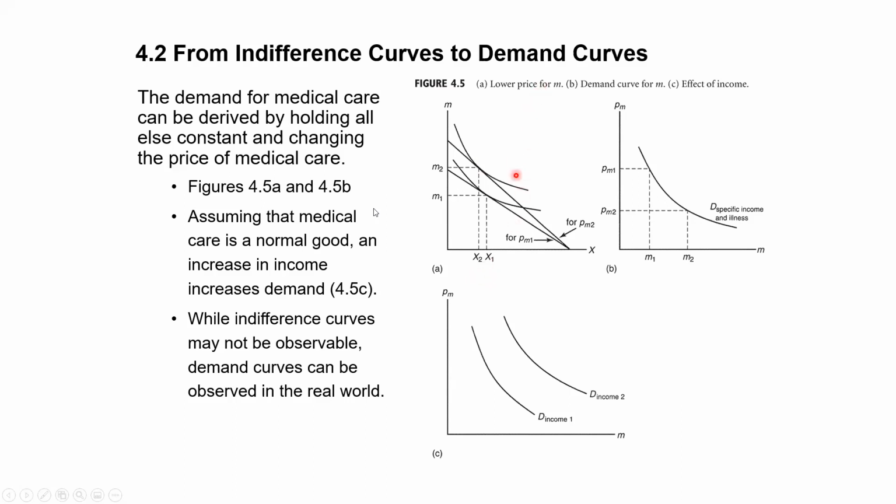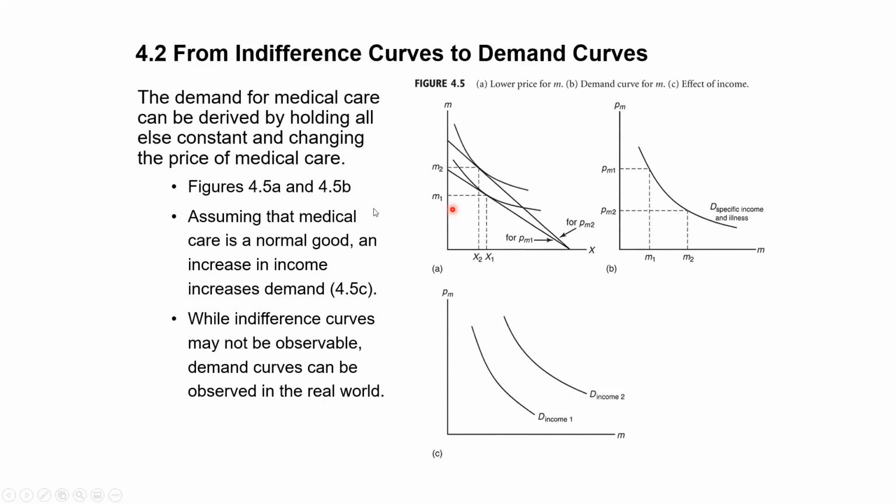So you have a lower price. If you have a lower price for medical services, the demand will increase. So when you have decreased price for medical services, the demand will increase. But if you have increased price for your medical services, the demand will decrease. So in other words, the demand curves will be responding normally to price changes by increasing or decreasing the demand for medical services depending on its price.